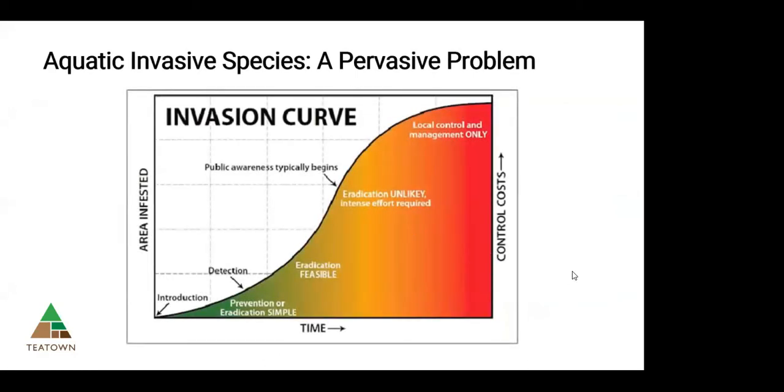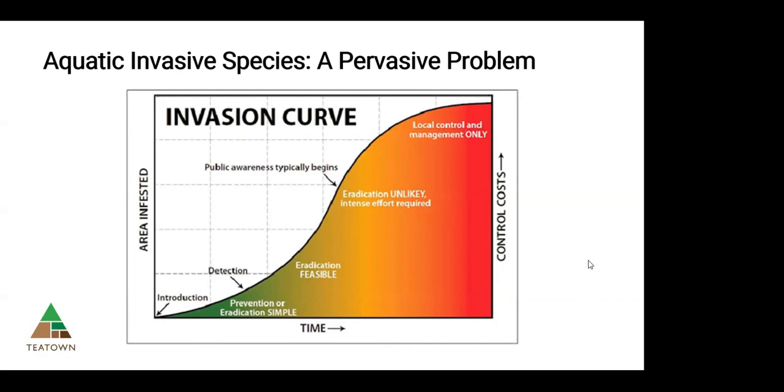If you've ever seen anything about invasives, you've probably seen this curve. Essentially, as time goes on, an infestation grows and the control costs grow. And this says here, public awareness typically begins where eradication is unlikely and intense effort is required. I would say for aquatic invaders, it's probably a little bit higher. People will not notice something until it is completely topping out the water column and they can't move.